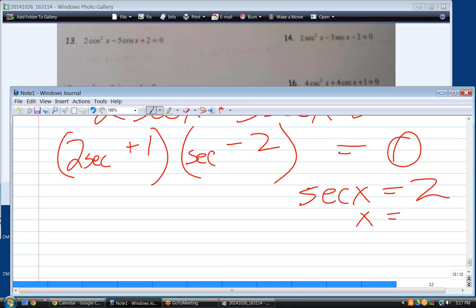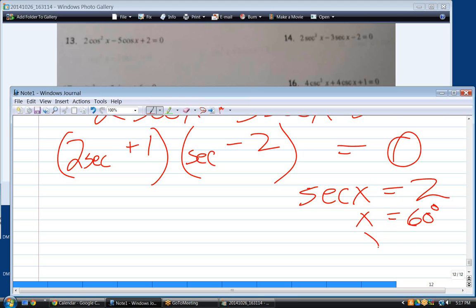In other words, sine and cosine take up all of the range from -1 to 1. Secant of x has to be greater than 1 or less than -1. So this can happen. That happens where cosine equals 1/2. That happens at 60 degrees.